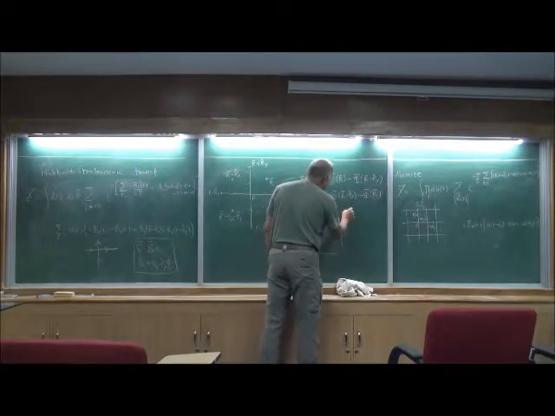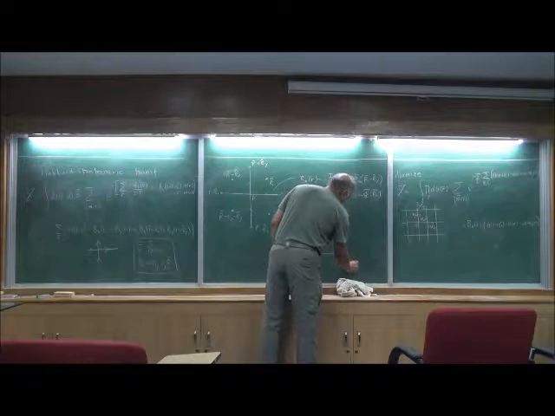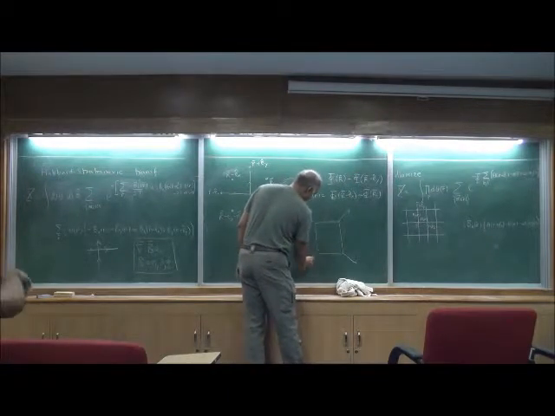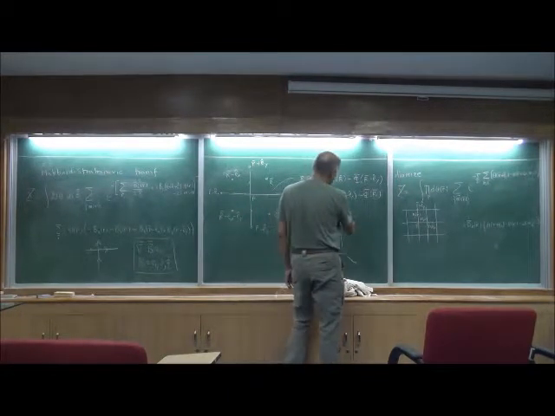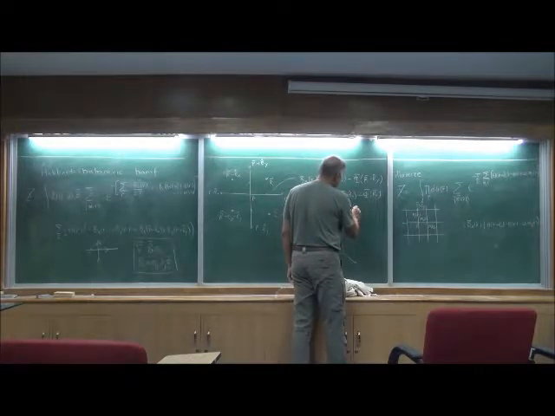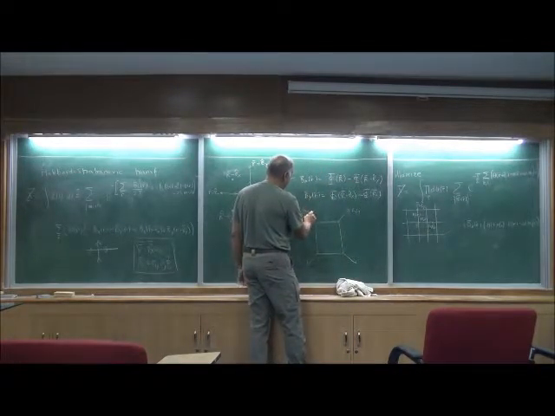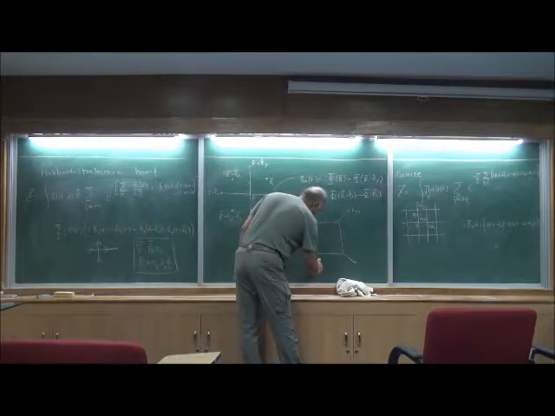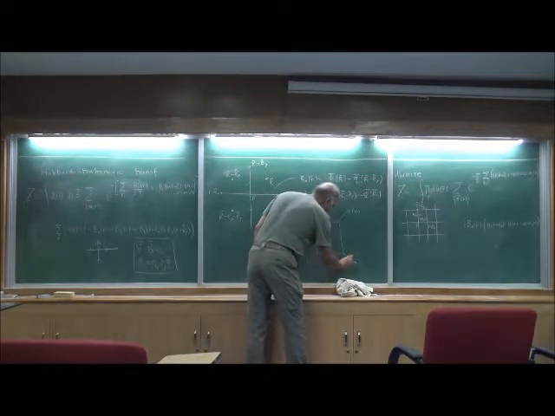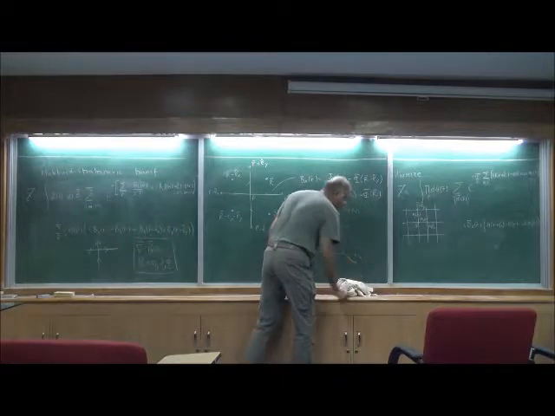So let's think about a vortex configuration. Let me define this theta as pi by 4. This theta is going to be 3 pi by 4. That theta is going to be minus 3 pi by 4. And that is going to be minus pi by 4.